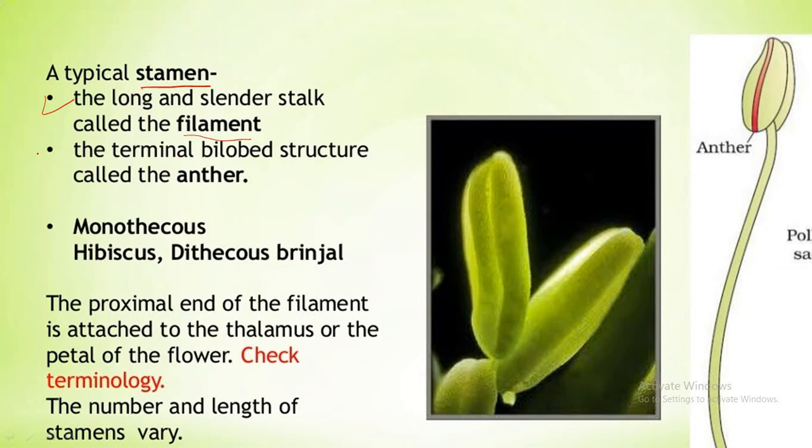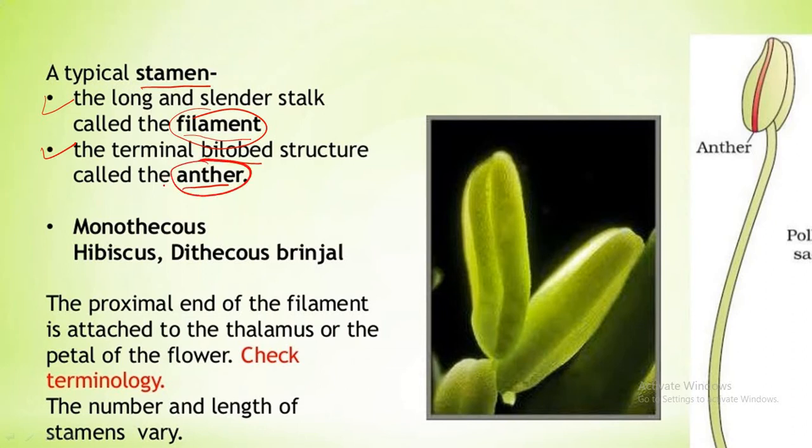The second is the terminal, generally bilobed structure, a structure with two lobes, which we call the anther. So these are the two parts of the stamen: the filament and the anther.